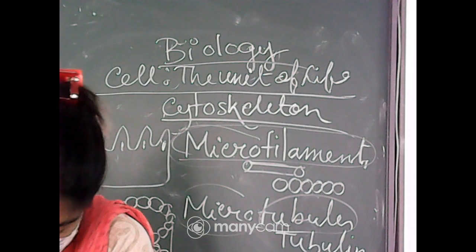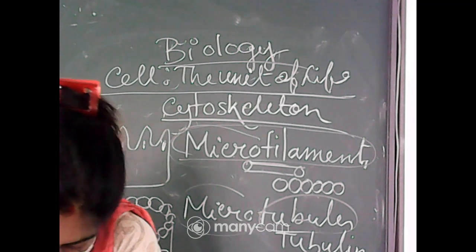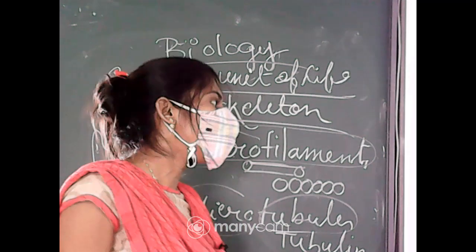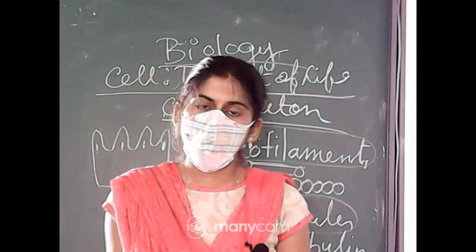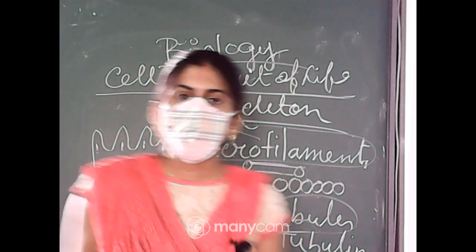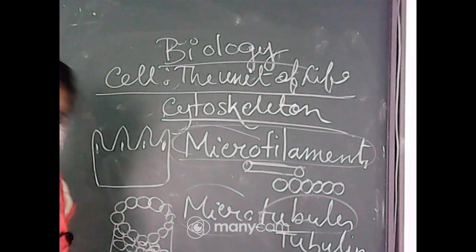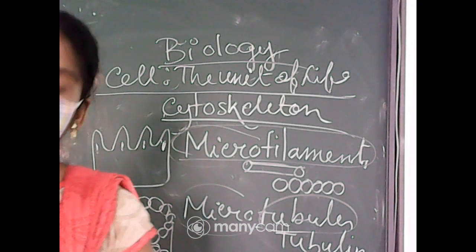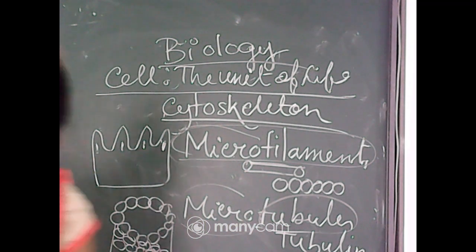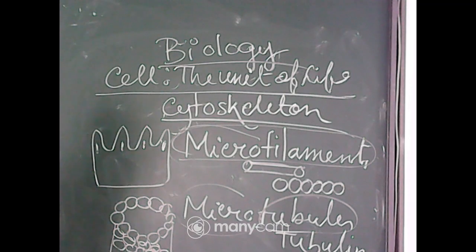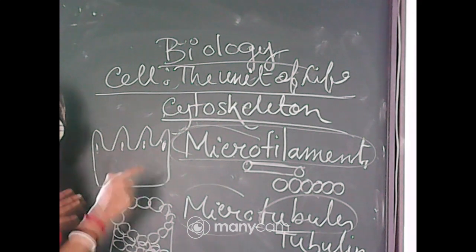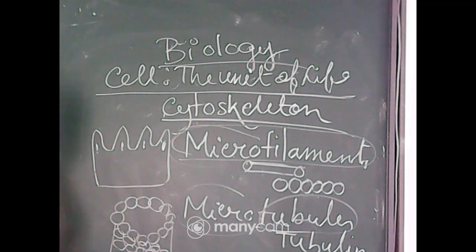What is the location of the microtubules? They can be found in the centriole, cilia, flagella, and basal body. What is the function of these microtubules? They help in support, movement, and maintaining the cell form. So these are the main important parts of the cytoskeleton.